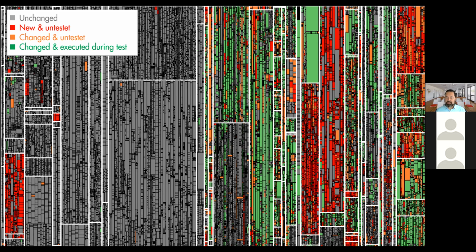The colored parts are the new code, and only if it's green was it executed during testing, either by manual or by automated tests. Now, what does that mean? How can we interpret the color?